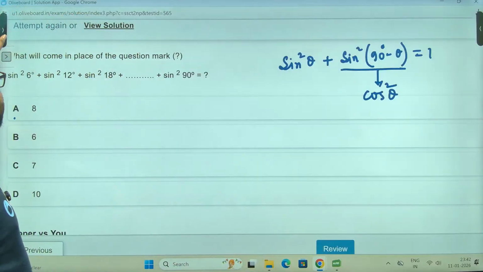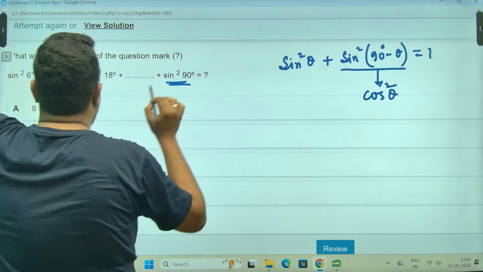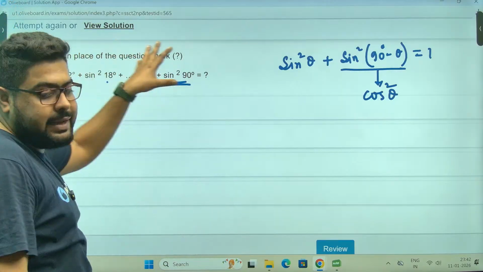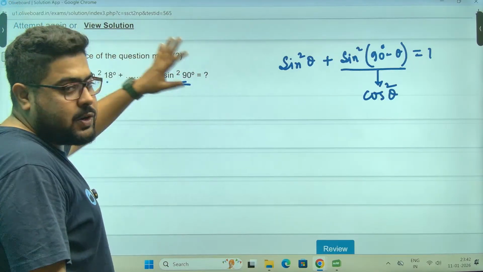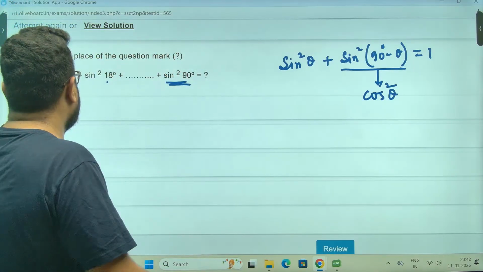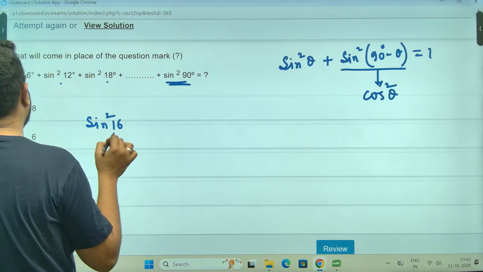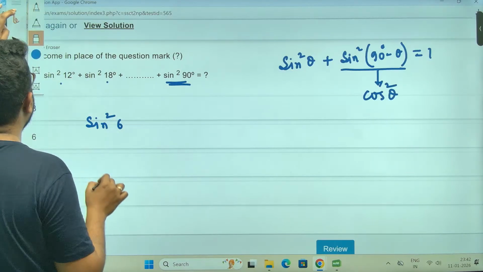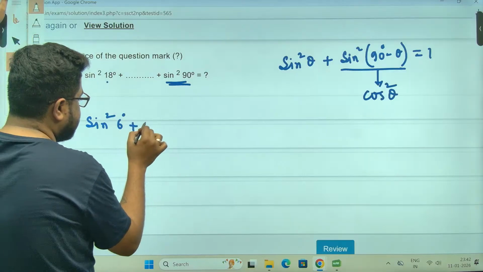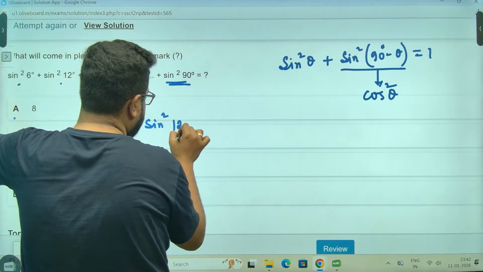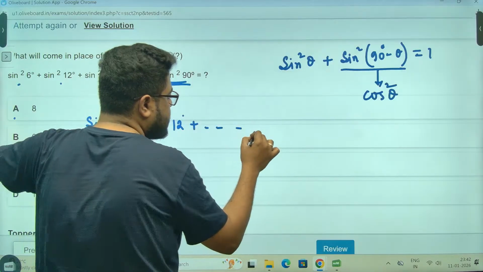Now you see, 6, 12, 18, meaning this is kind of an AP for the degrees, not the sines. So it will be sine squared 6 degrees plus sine squared 12 degrees, and so on.